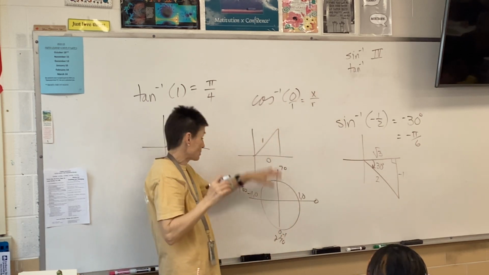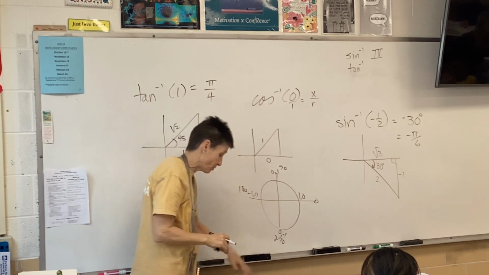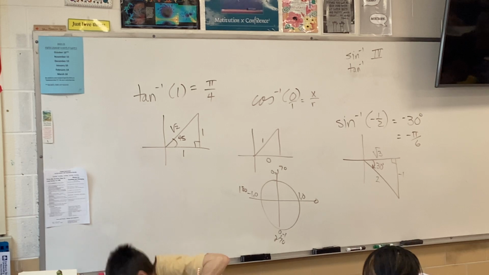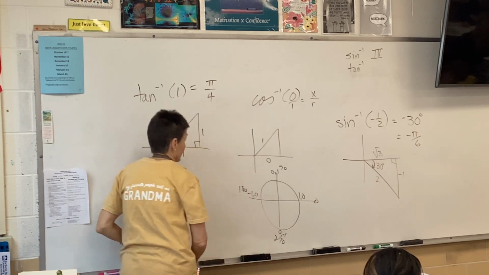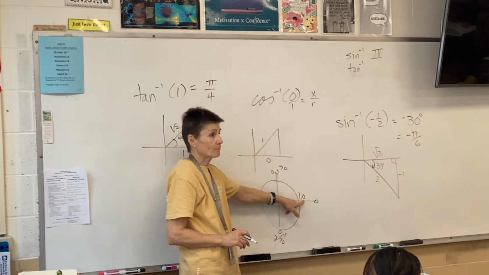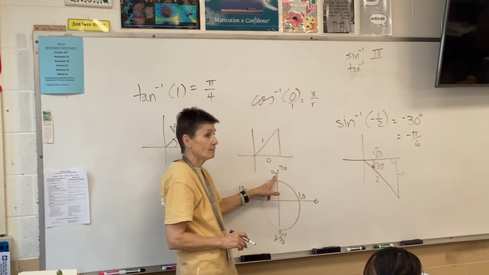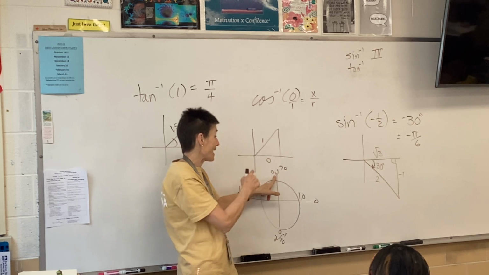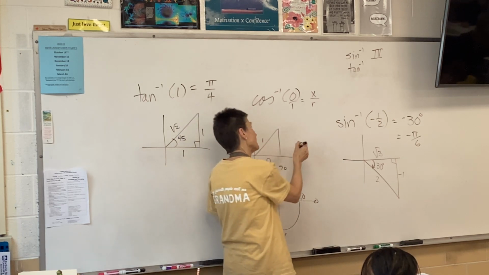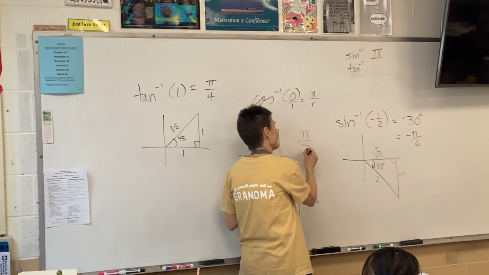Now, r is 1 the whole way. We made the radius 1, right? So where's the first place? Is x 0 here? Nope. Is x 0 here? Yep, that's your answer. What angle is that? 90, which is pi over 2.